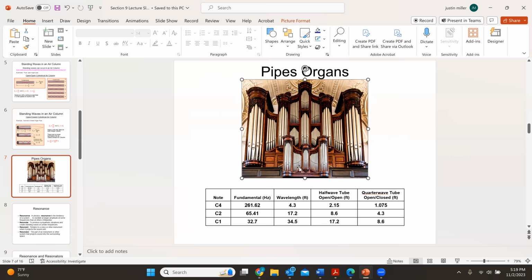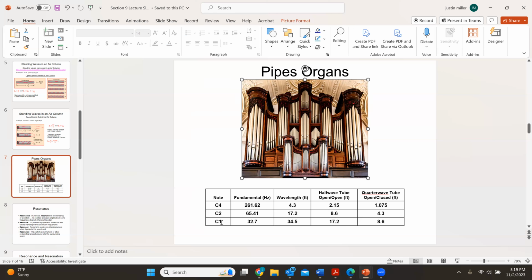They're in pipe organs. Pipe organs aren't used a whole bunch anymore, but they're still around. There's some really big ones. I think there's about 3 or 4 full-size pipe organs that are all half wave tubes, where you have to have these huge pipes in order to be producing these really low frequencies.